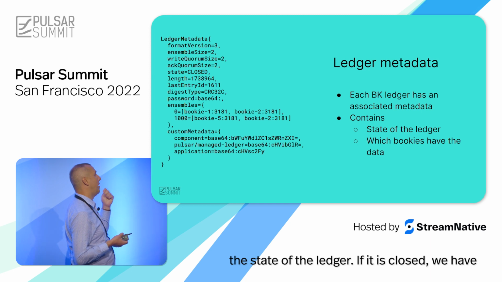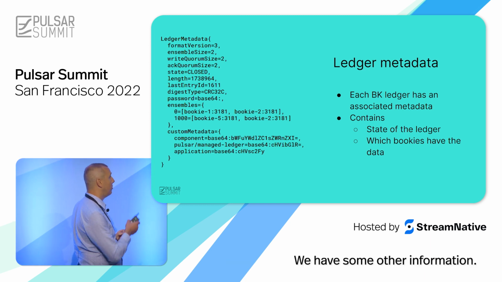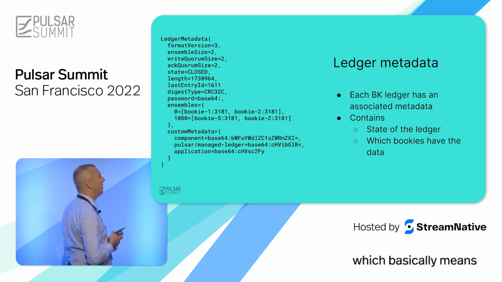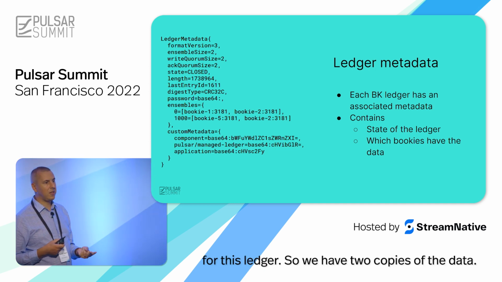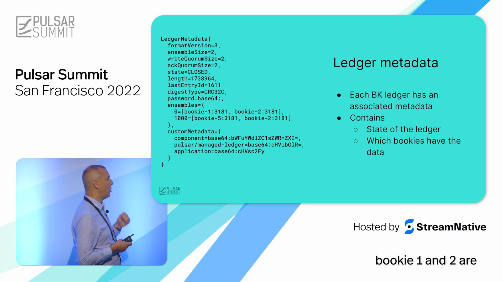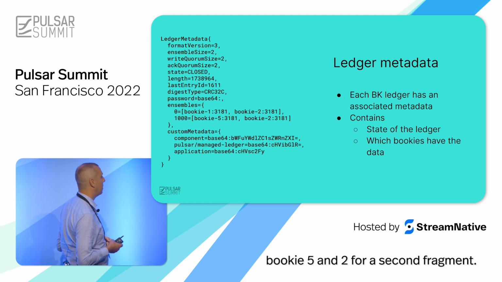If it is closed, we know the size of this ledger. We have some other information. The most important one is ensembles, which contains the list of bookies that hold data for this ledger. So we have 2 copies of this data, and we know where to read it from: bookie 1 and 2, or bookie 5 and 2 for the second fragment.